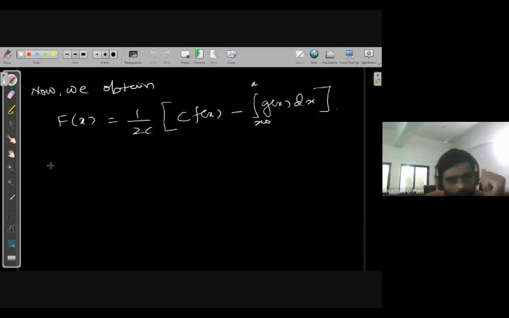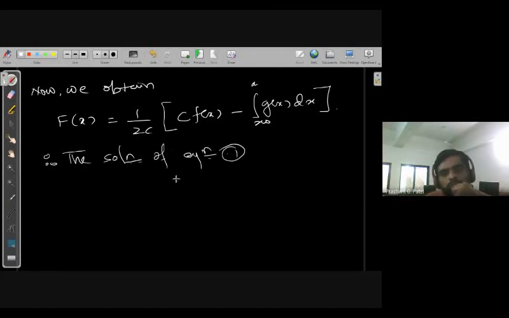And therefore the solution of equation 1, y(x,t), will be 1 by 2, because the F(x) value is this, c will get cancelled out.